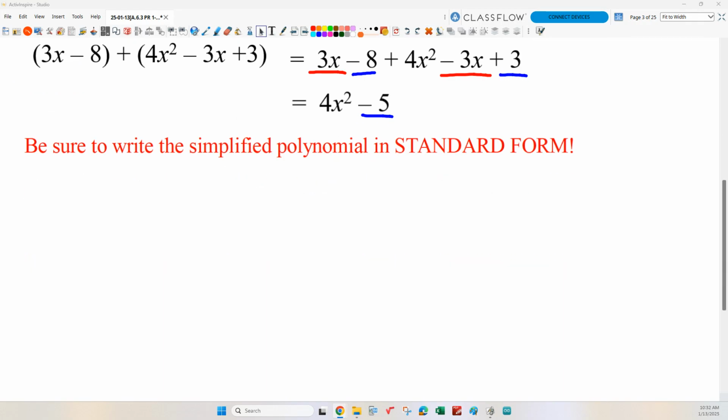A reminder, write it in standard form so we get the biggest powers first.